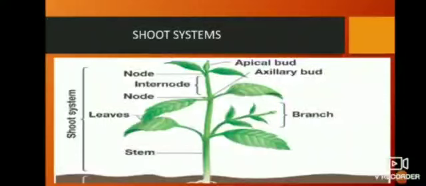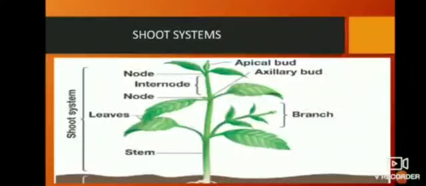In that water you place the twig you have taken, then leave it for some time. After some time you observe. What you observe is that some part of the twig or stem has become red. With this we can confirm that the stem conducts water.